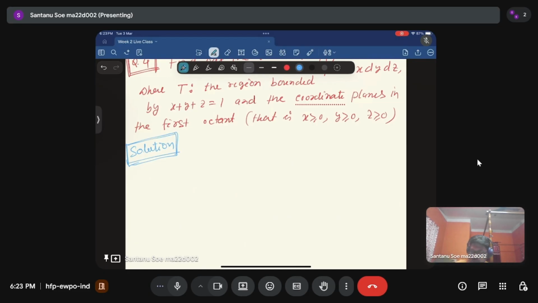Okay, so now this is just an application of the Dirichlet integral, which has been taught in this week's lectures. Now, Dirichlet integral is given like this.